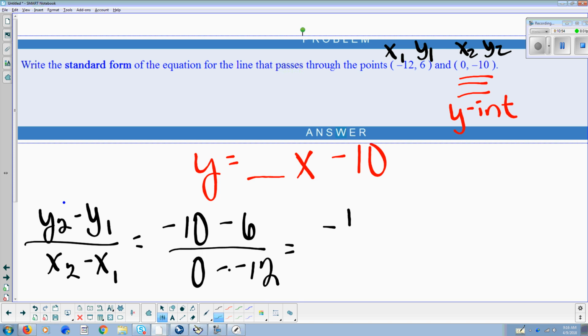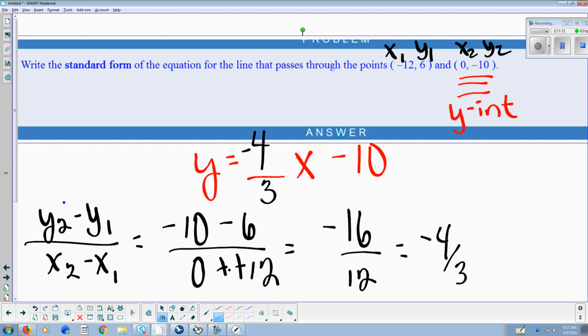So I'm going to get negative 16 over 12. And that reduces to negative 4/3. So I got negative 4/3 x minus 10 as the equation in slope-intercept form.